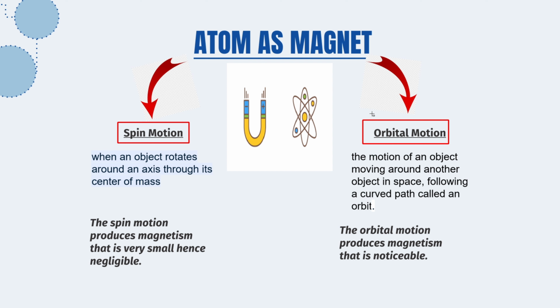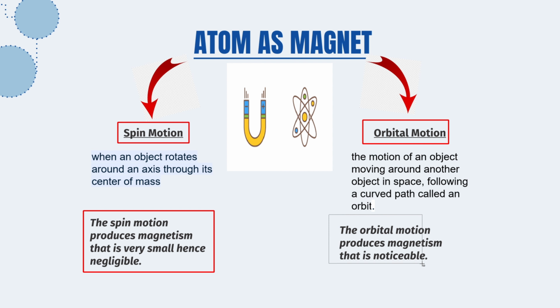Now there is a twist in the story: the spin motion produces magnetism that is very small, and as a result we say that the spin motion produces a very small amount of magnetism. Hence, we neglect that magnetic force produced by spin motion.